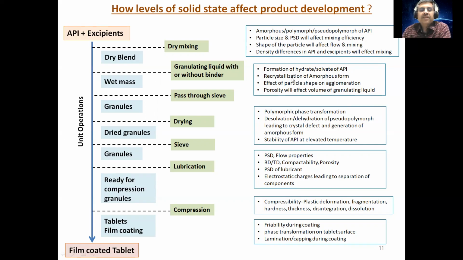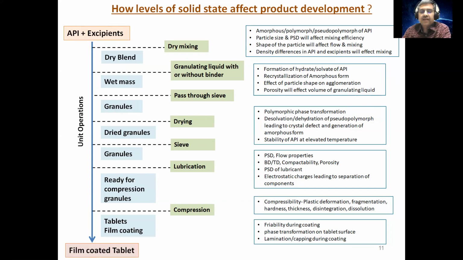Similarly, if we pick up the stage of compression, we can look that during the compression stage, there is plastic deformation, fragmentation, hardness, thickness, disintegration, and dissolution taking place. And the solid state properties like polymorphic form, amorphous content will have a significant impact on the compressibility behavior of the powder.